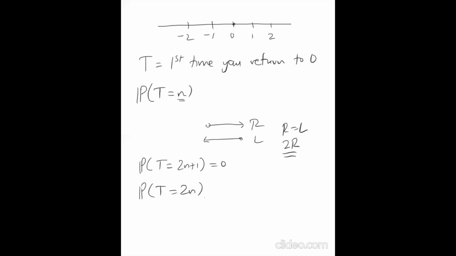Let's do an example. Let's find the probability that t is equal to 10. The way we will calculate this is the number of favorable outcomes divided by the number of total outcomes.